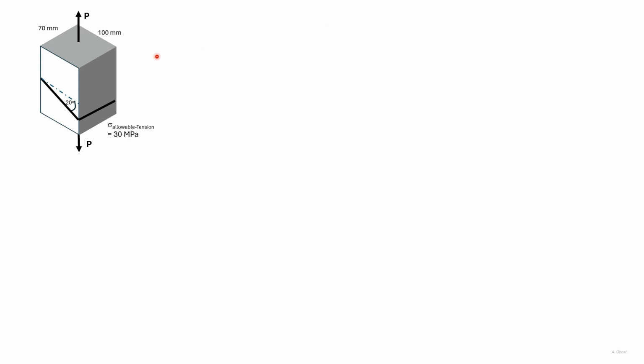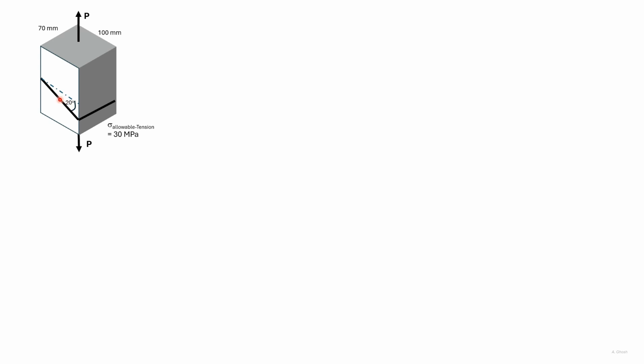To start with, we find the area of perpendicular section, which here is 70 by 100. We then divide that area by cos 20 to find the area of the inclined section. We can resolve the force P perpendicular to the inclined section and parallel to the inclined section.